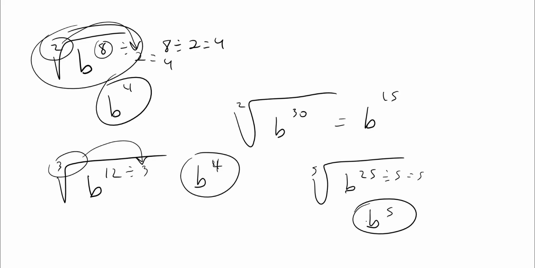So the only issue that I have here, math fans, is what happens if it doesn't go into it evenly. So let's do a problem like that. Okay, so what happens if I have something like the square root of b to the 7th? So what you want to do is, if it was b to the 6th, that would be easy.